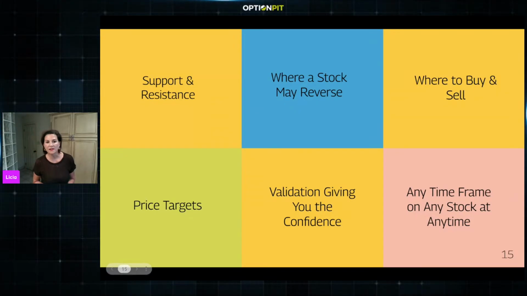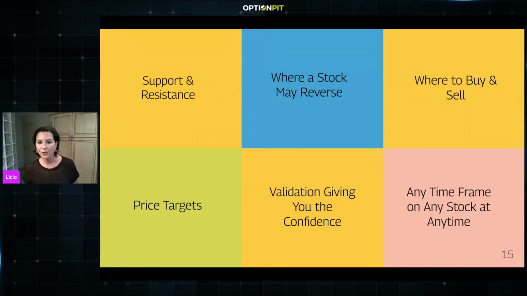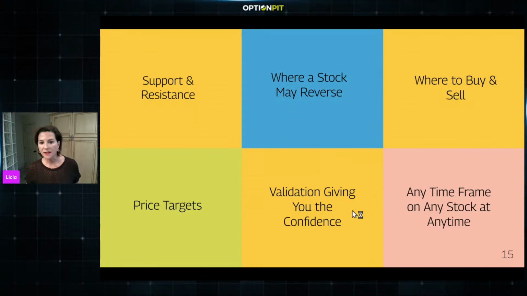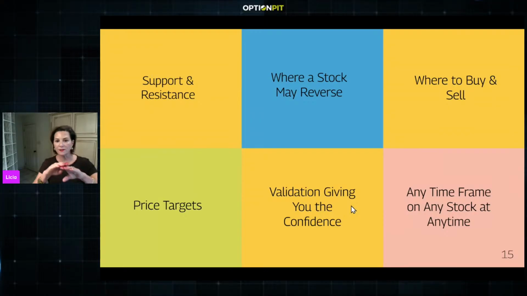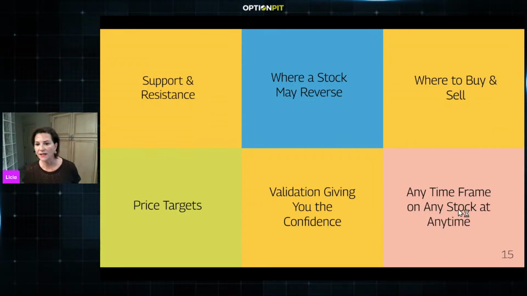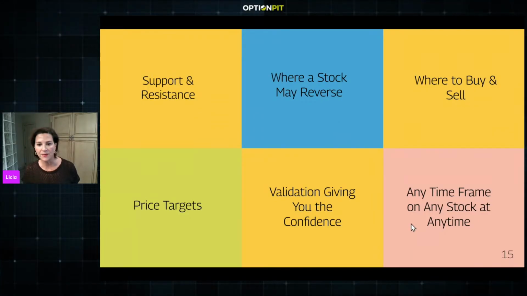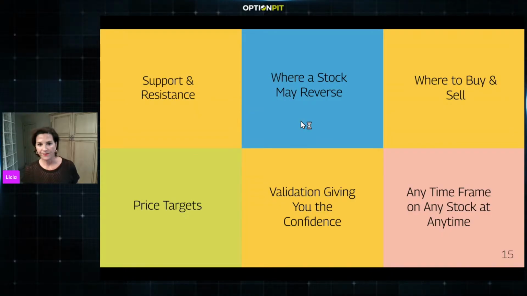Where you think the stock is going helps you evaluate your risk reward. Entering an option, the more the trend line is validated, or the more times it's been honored, gives you confidence in your trade. Again, it can be used at any time frame on any stock, commodity, and very simple to use.